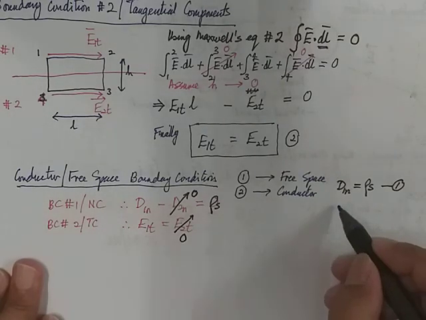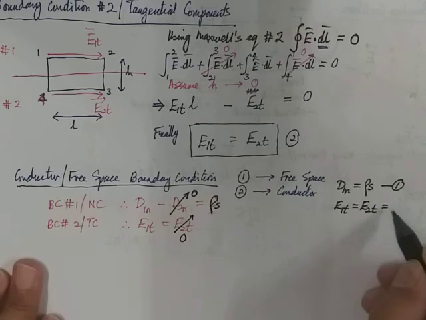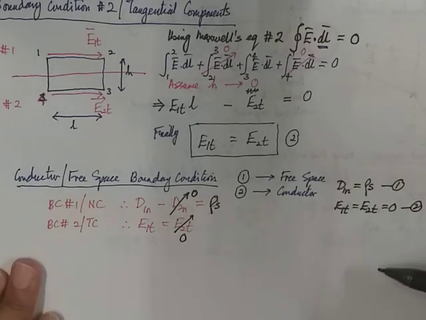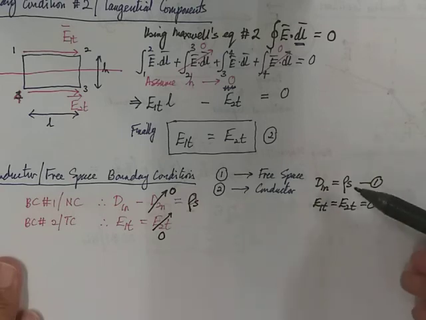So now we are saying E1t equals E2t equals 0. So what we are saying now is, at the boundary of conductor free space, there is no tangential component field. The only field that appears is always the normal component.